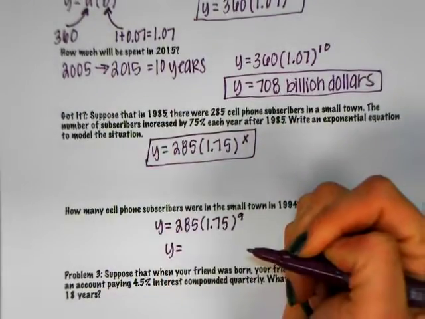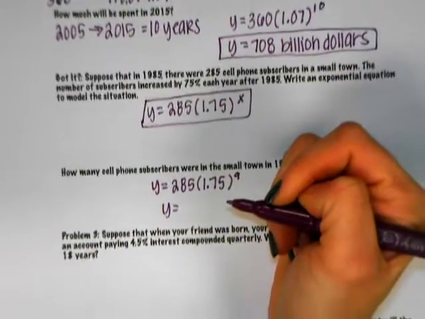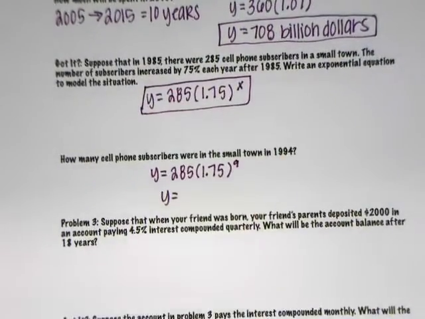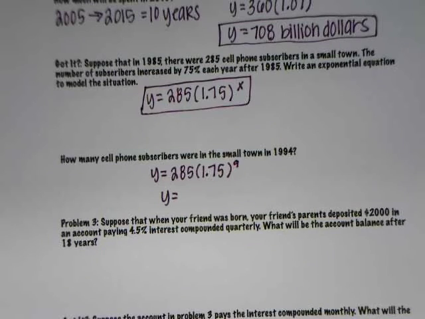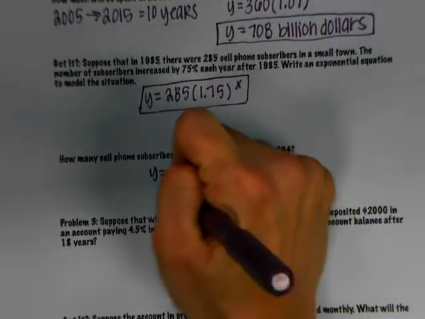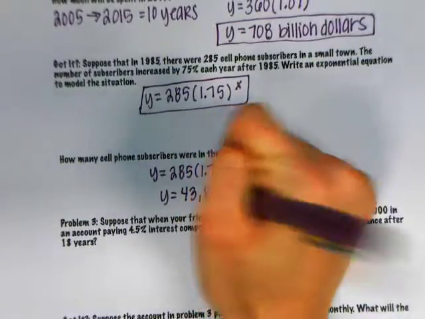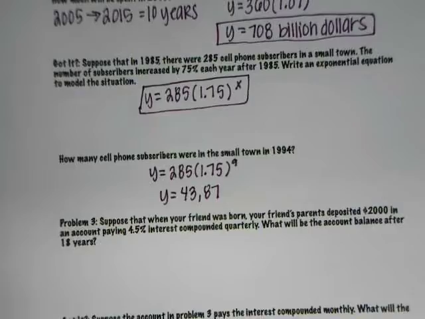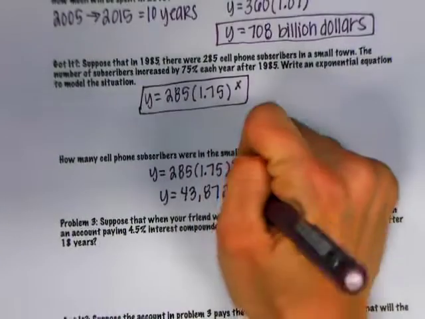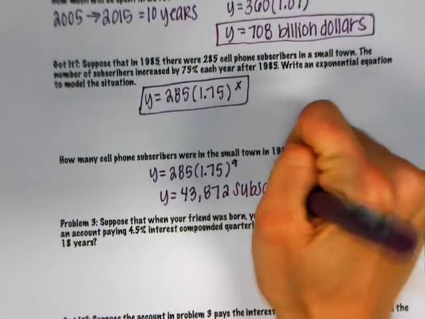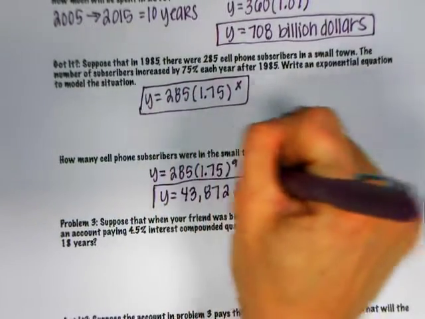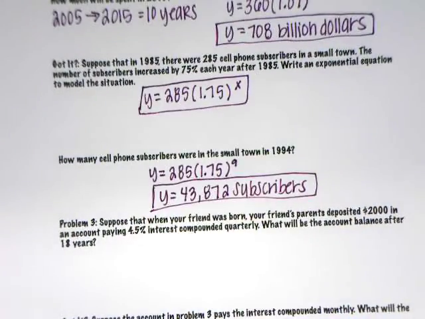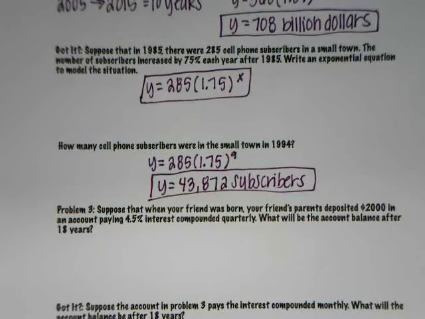Y equals what? 43,871? Yeah. Okay. 43,870. Are we sure about the 1, 2 when you round it? Okay, cool. All right, are we all good on that, on growth?